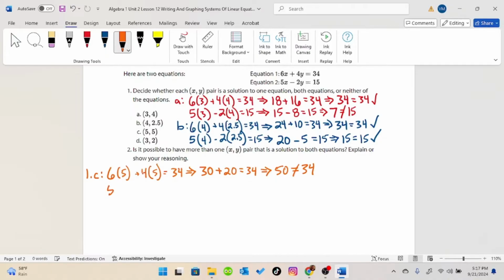Next, we have 5 times 5 minus 2 times 5 equals 15. 5 times 5 is 25.